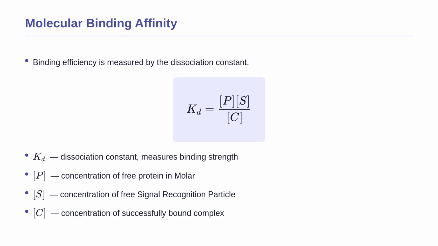C is the concentration of the successfully bound complex. If the binding is very strong and efficient, the complex forms easily, and the value of Kd decreases. Conversely, if a mutation makes the binding weak, Kd increases, and the protein might fail to reach its destination.